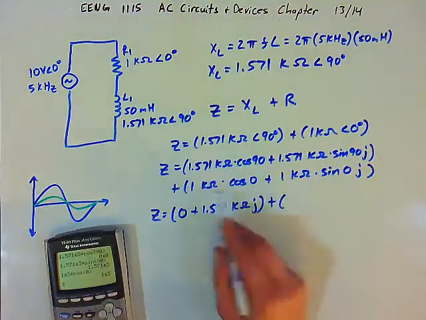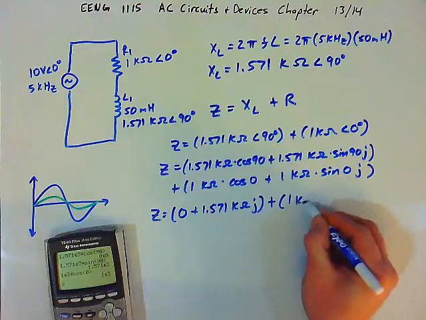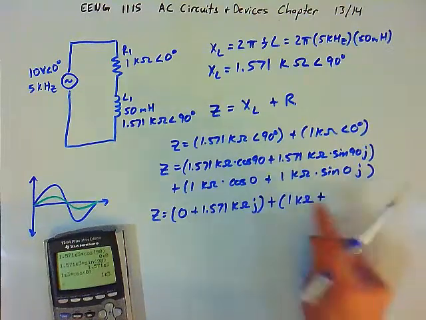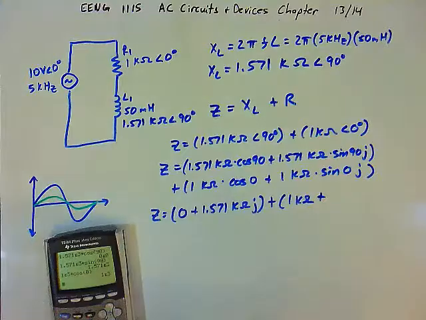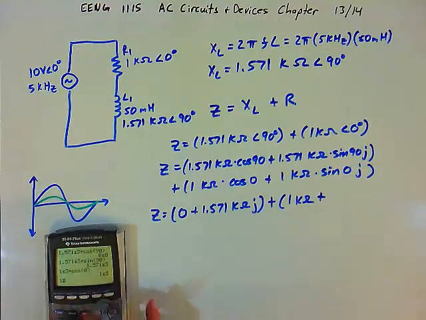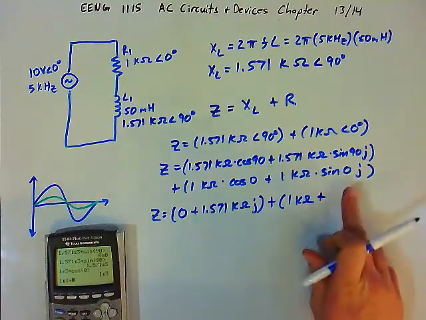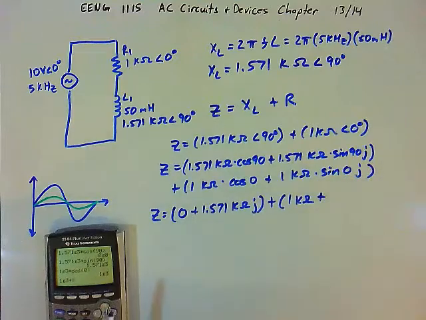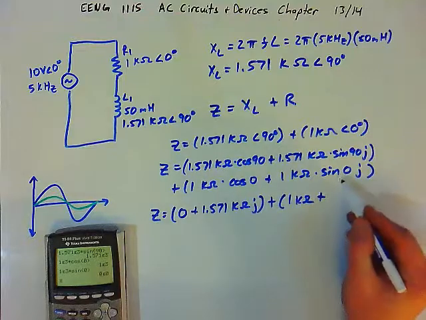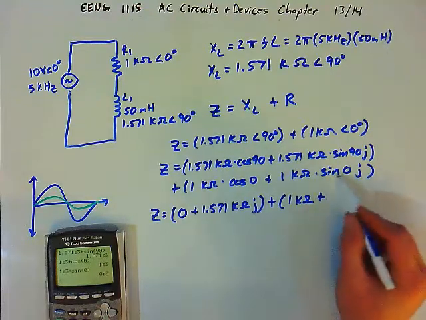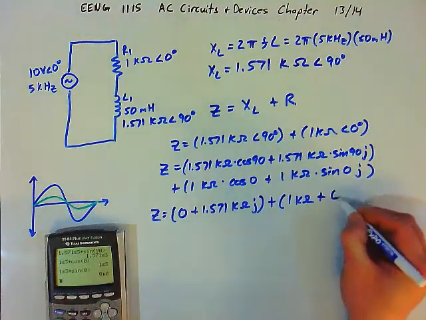So the x component is 1 kilo ohm plus 1 kilo ohm times the sine of 0, so we have 1 E3 times the sine of 0, which is 0, because the sine of 0 is 0. So here we're multiplying by 0. So here we have 0j.